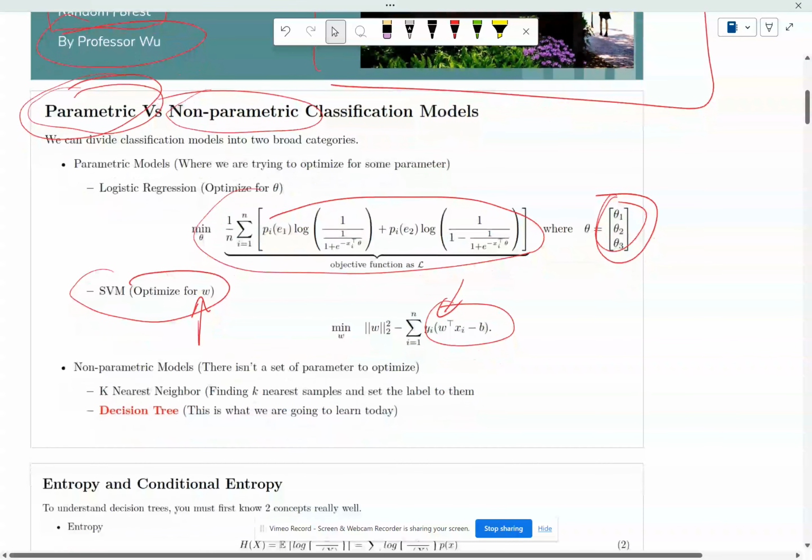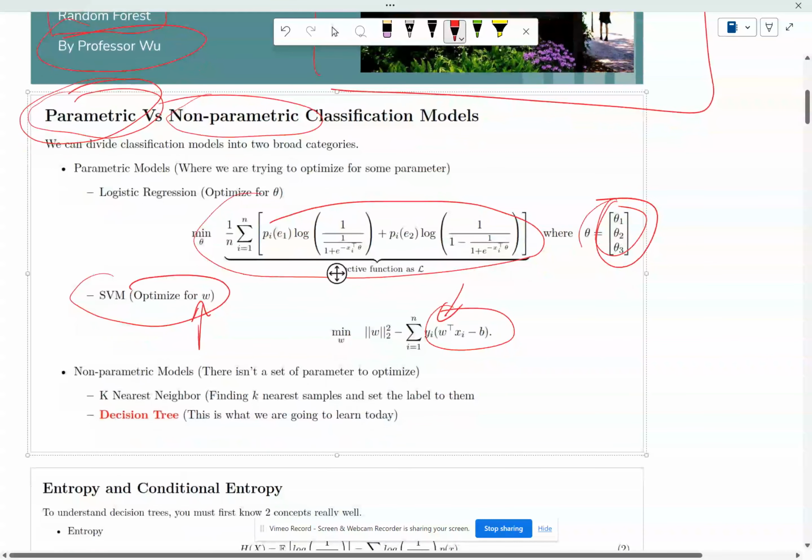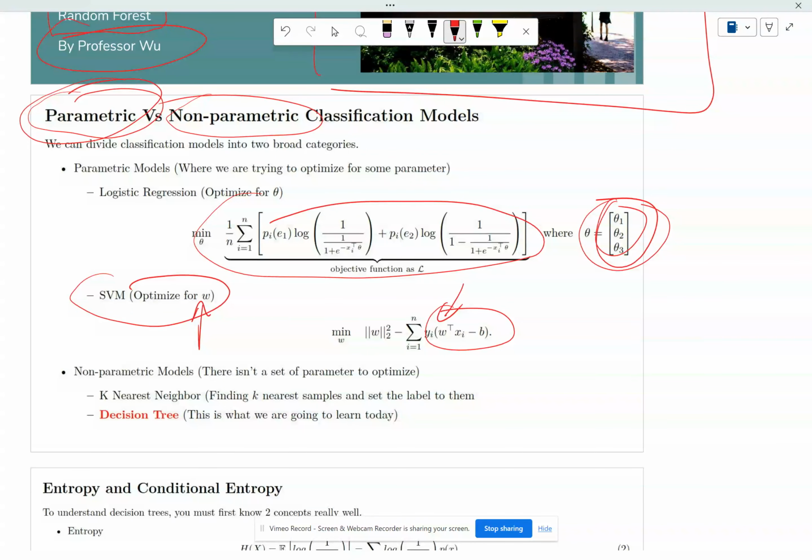Non-parametric models are different. It's not like there's a function you're trying to learn. Instead, you can perform classification a different way. Last time we did the k nearest neighbor. Basically, there was no function. You just pick the nearest neighbors and set your label to be the same label as the nearest neighbors, and that's it.